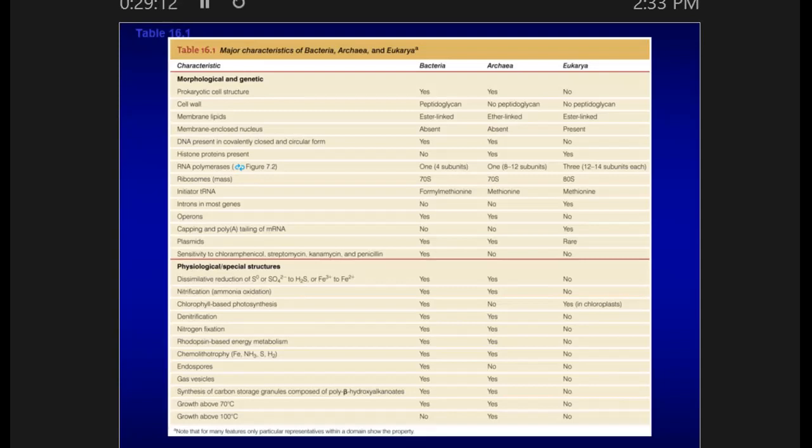But let's go all the way down, all the way to the red bar. I'd like you to know this first section, the morphology, all the way down to this red bar. So be able to compare those three domains of life with regard to different criteria.